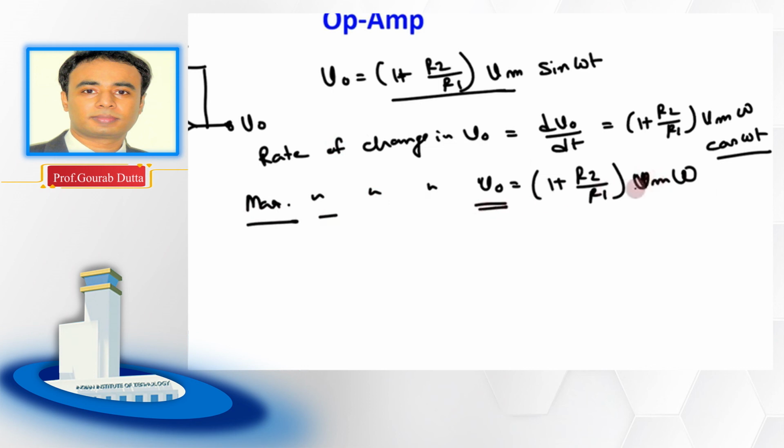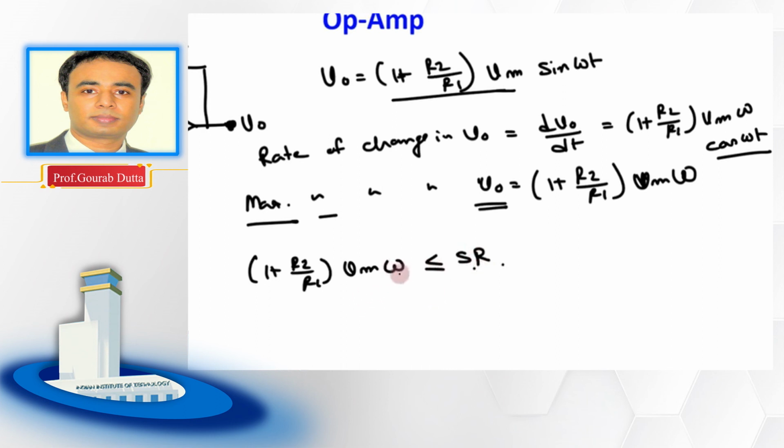And you know that to avoid the distortion at this output, this maximum rate of change of this output has to be less than or equal to that of this slew rate, right? So what we can then write, this 1 plus R2 by R1 into Vm omega has to be less than this slew rate SR, right?